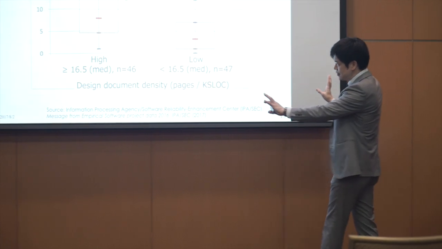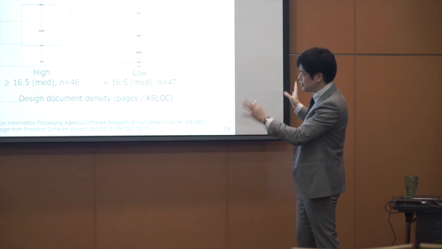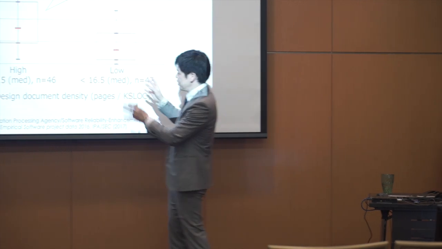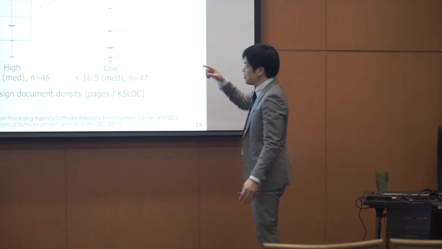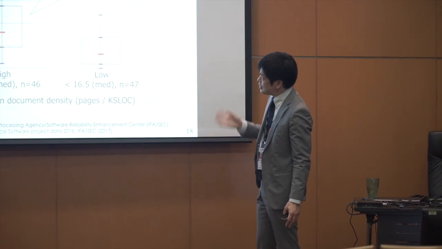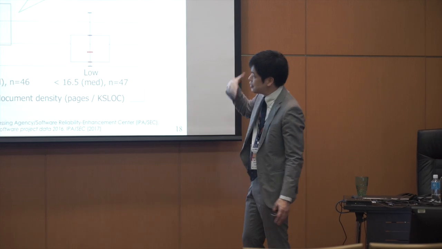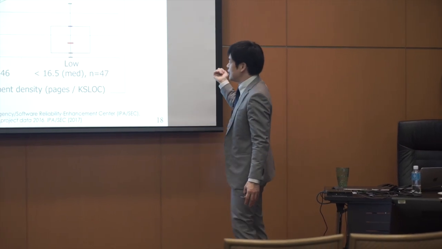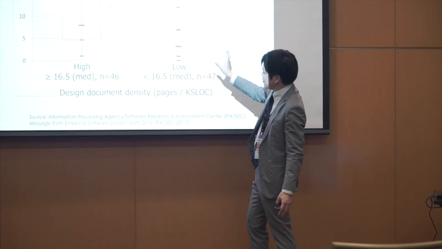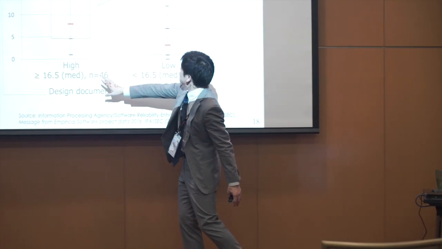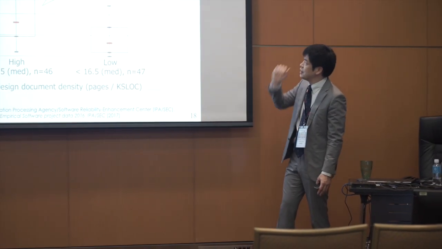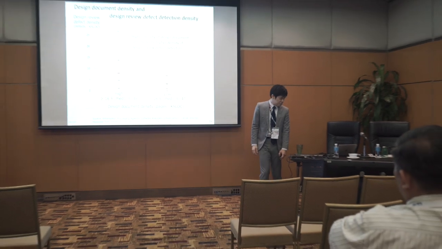By dividing the values at the median into two groups, and the y-axis represents the design review defect density, which I explained in the previous slide, by investigating the relationship, the higher density of the design document contributes to higher density of design review defect detection.